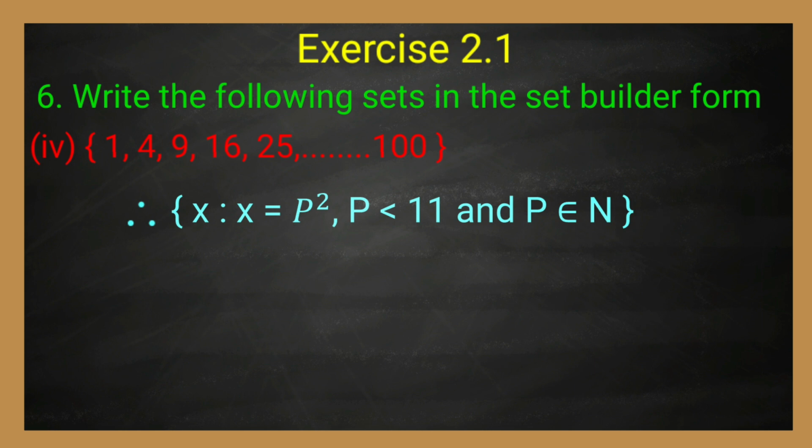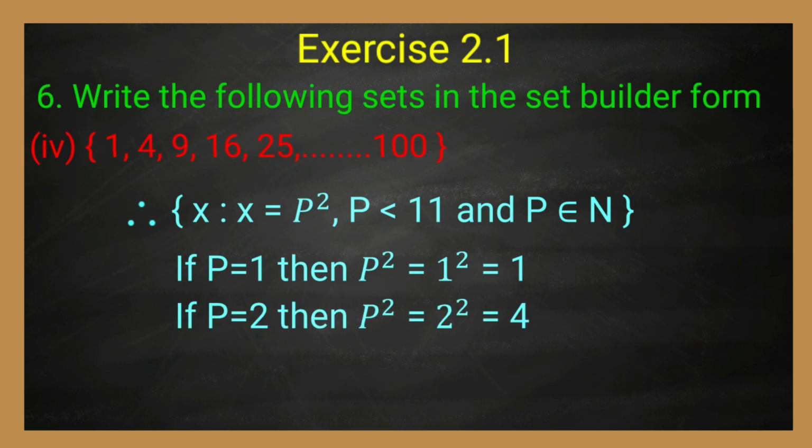Therefore, our answer is the set of x such that x equals p square, p less than 11 and p belongs to N. Like the previous problem, if you give the values to p, you will get the elements of the set. If p equals 1, then p square equals 1 square equals 1 into 1 equals 1.